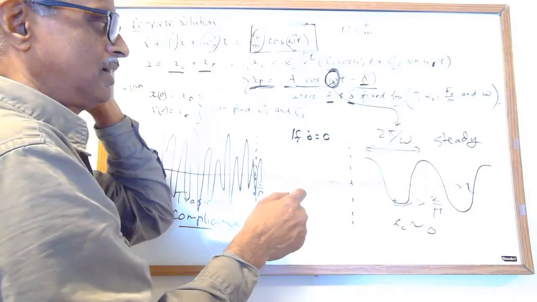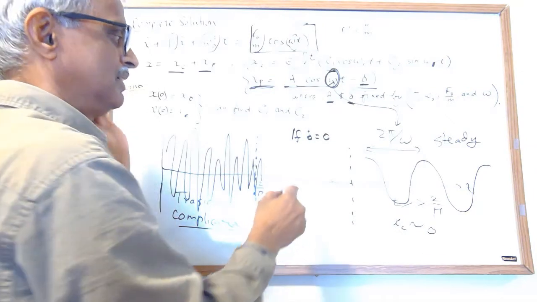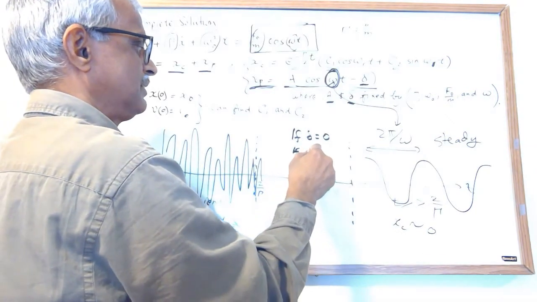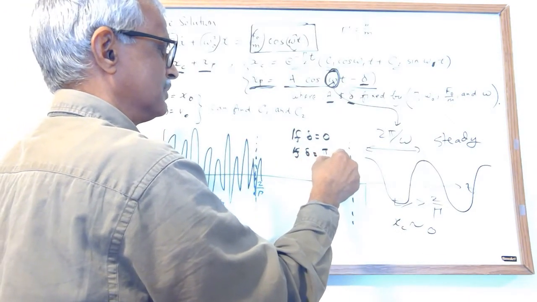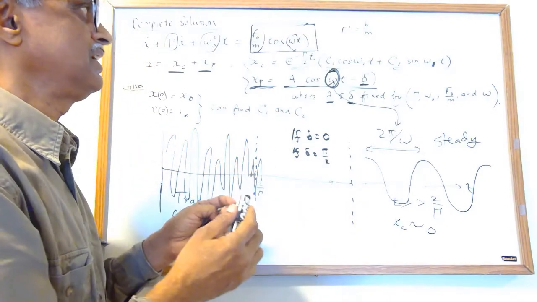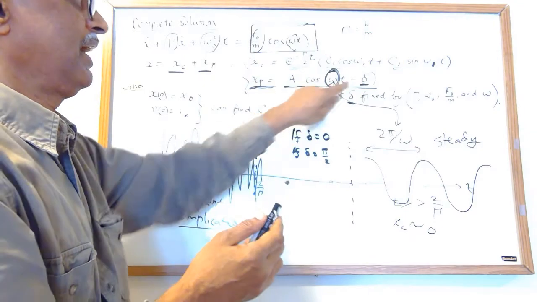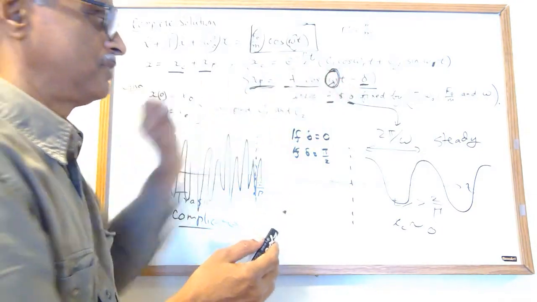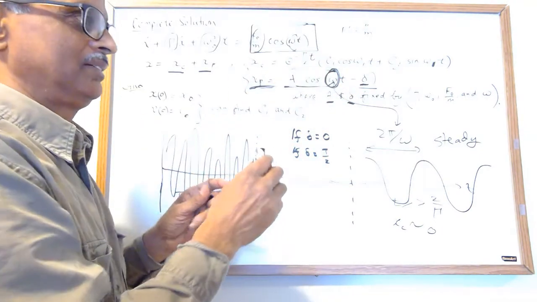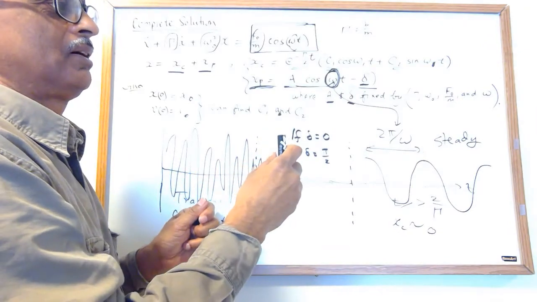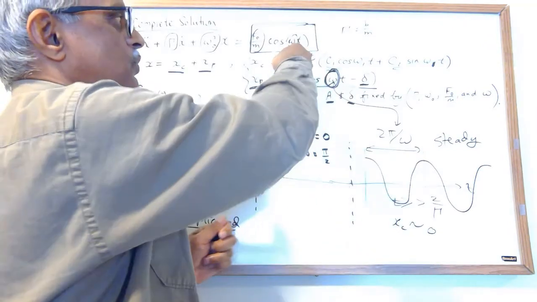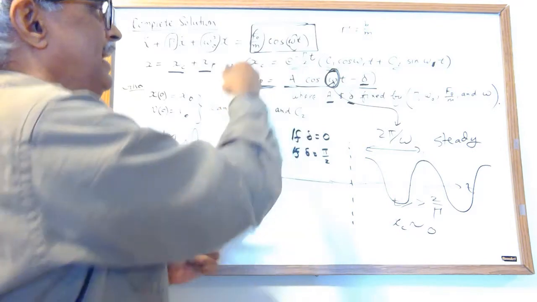When the force is minimum, X is minimum. If delta is pi over 2, well, then you can see that when force is maximum, X is lagging by pi over 2, right? So when the force is cosine, X is sine.